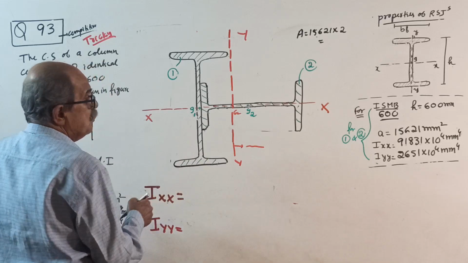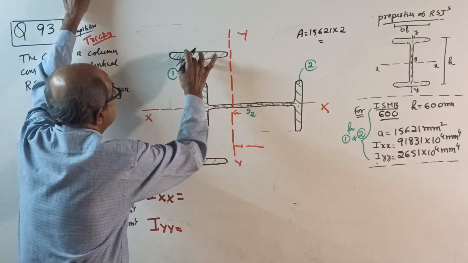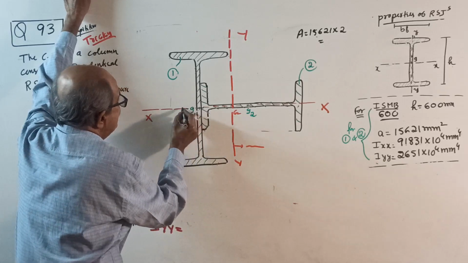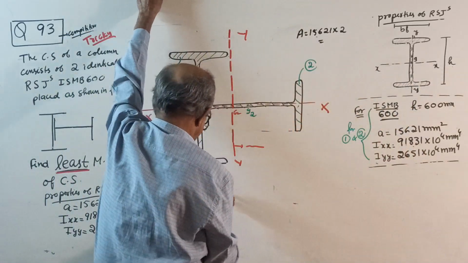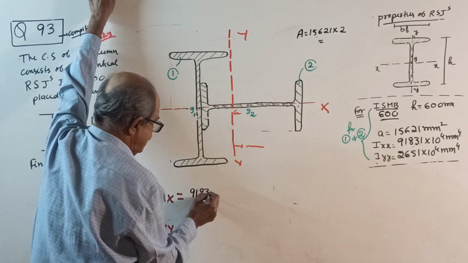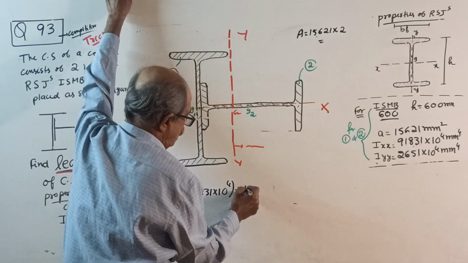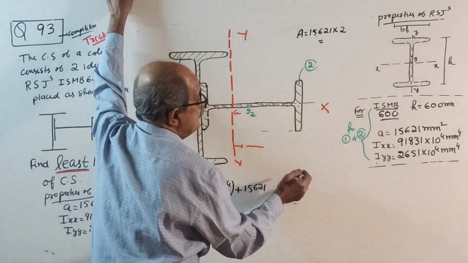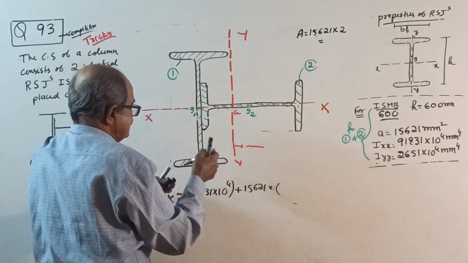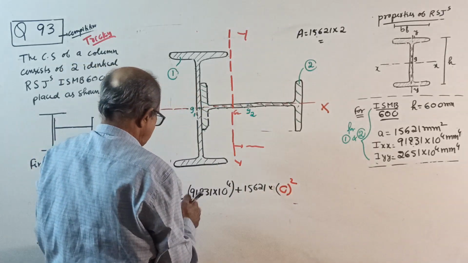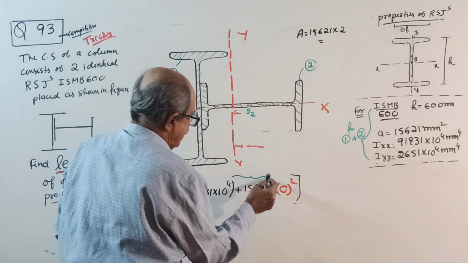Start Ixx. Usual story: I about its own centroidal axis for figure 1, for this RSJ, is 91831 times 10 to the power 4, that is Ig, plus area 15621 into, since centroid G1 lies on xx, 0 squared. That is Ixx for 1.